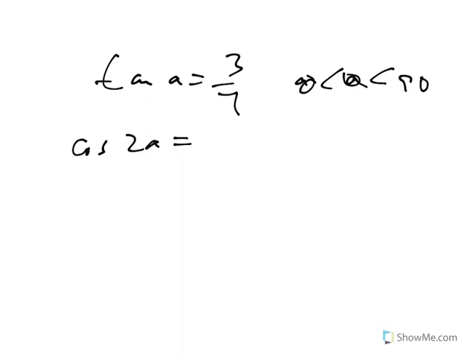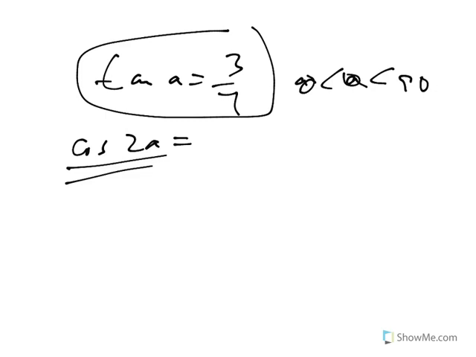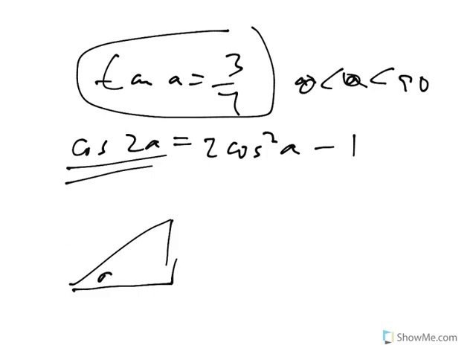The only time we have to do some extra work is if tan a is given and they want to know what cosine of 2a is. I need either sine or cosine, so I'm going to use 2 cosine squared a minus 1. But since tan a is given, a sneaky trick you can do here is just pretend that a is an acute angle, and tan is the opposite over the adjacent, and then the hypotenuse is 5.